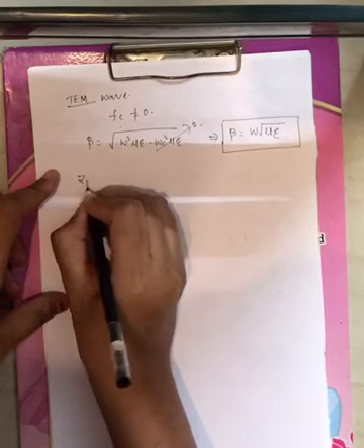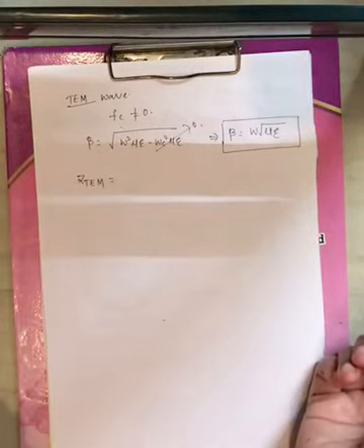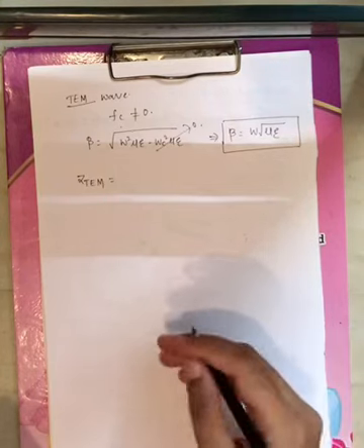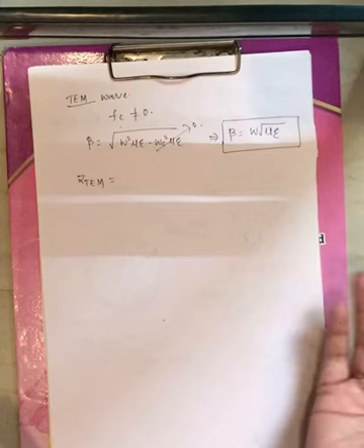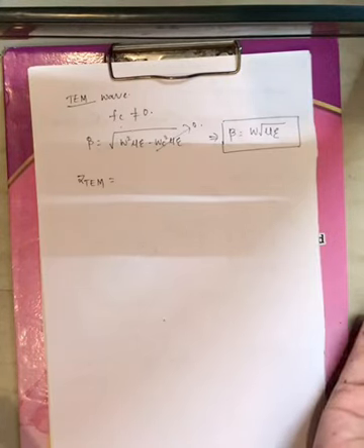Now what is wave impedance? ZTM, as I said while explaining wave impedance under rectangular waveguide, for one mode of propagation you get eta into the square root of 1 minus fc by f whole square. For another mode of propagation you get eta divided by the square root of 1 minus fc by f whole square.